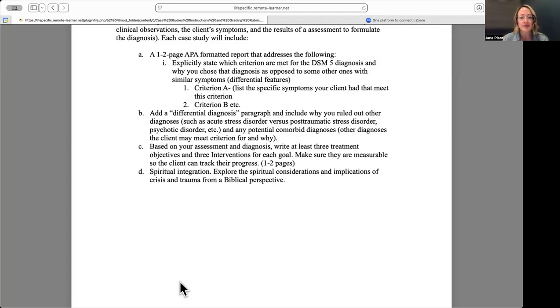And then lastly is a spiritual integration. It's some spiritual considerations, implications of the crisis and trauma from a biblical perspective. What does that mean? Thinking about cultural considerations, spiritual considerations, a lot of times clients will have faith be a protective factor, something that is resilience to help them get through hard times.